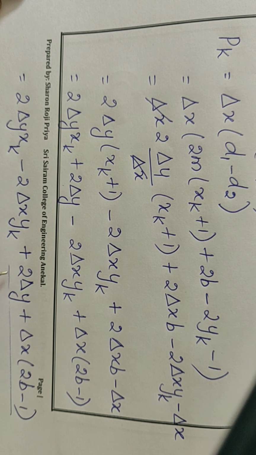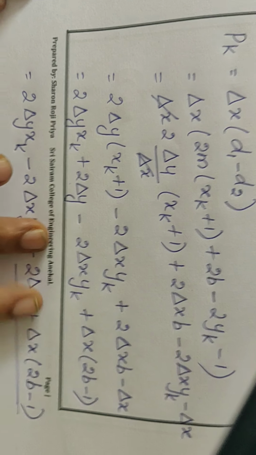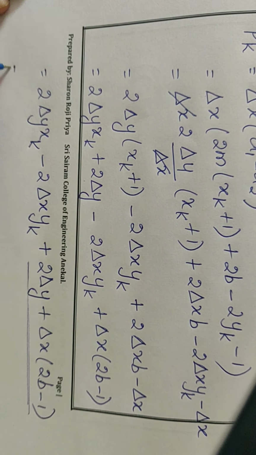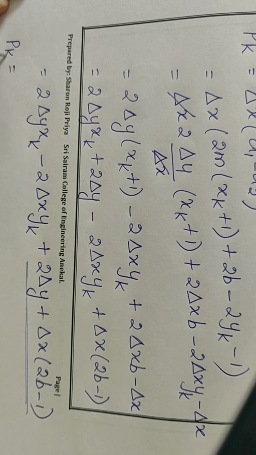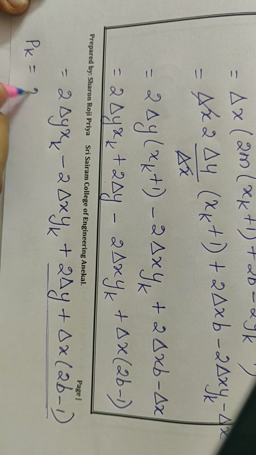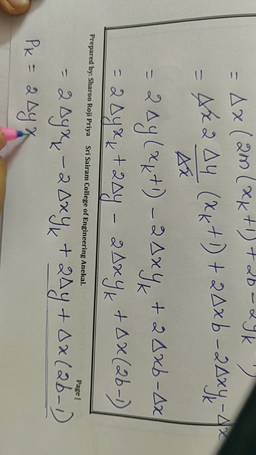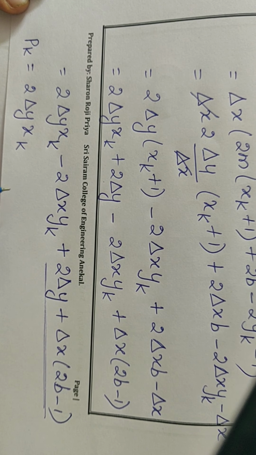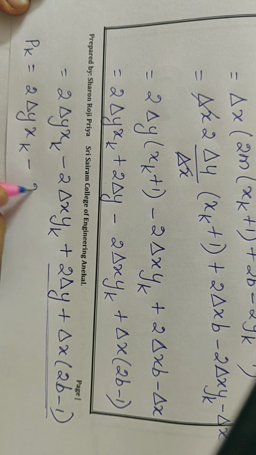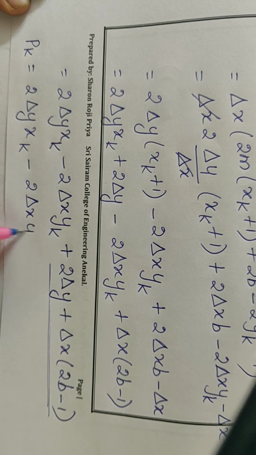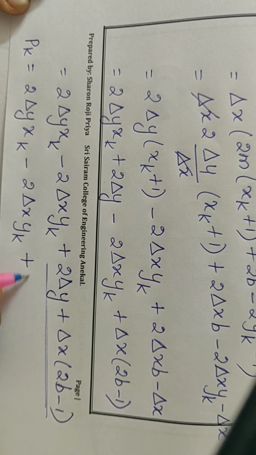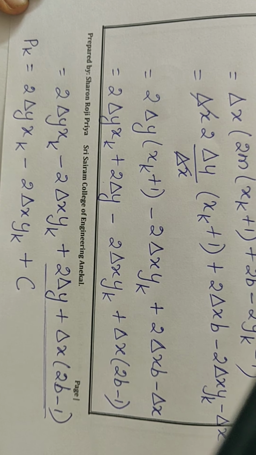The part that doesn't have xk, yk values, I'll write as constant. So pk is equal to 2 delta y xk minus 2 delta x yk plus this I'll take as c, constant.